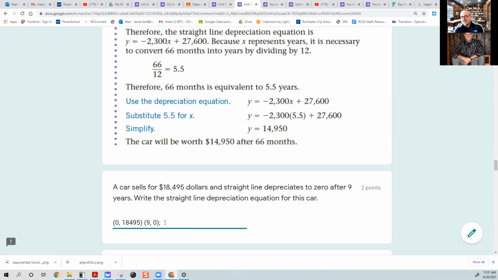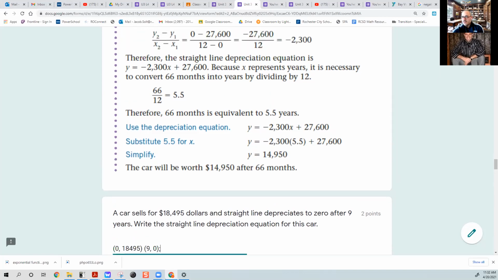Now it should be pretty easy to calculate the slope. Go ahead and calculate that slope. You can use the problem above to help you remember what the slope formula is.